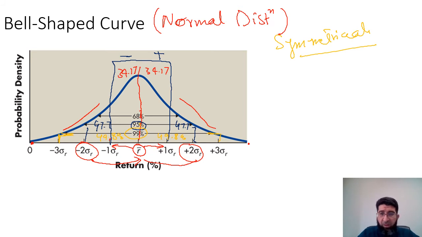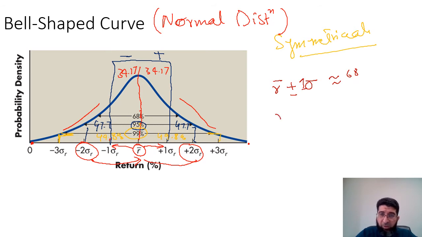Now normally we use a formula to calculate the range from the distribution: return, R, plus or minus the standard deviation. If we are using 68%, then it will be one standard deviation.